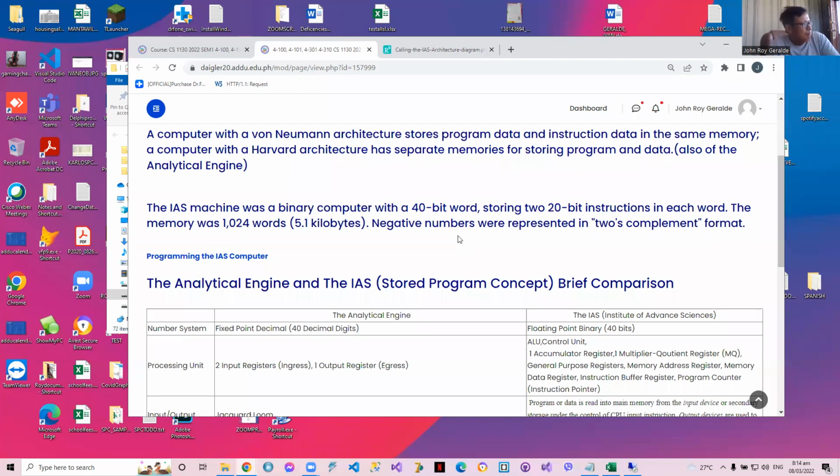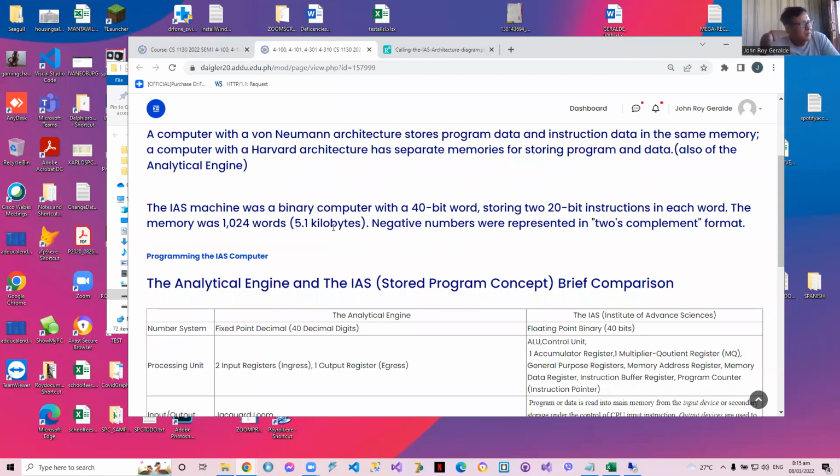So during that time, the IAS is 40 bits. They are not used to using sizes in powers of 2 yet. Nowadays, if you convert that, it has a memory of 1024 words. 1024 times 40 divided by 8 is 5.1 kilobytes in our present terms.